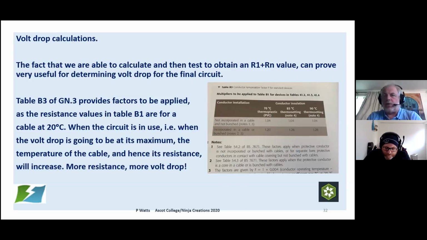So for twin and earth, we would use that column there. Now, obviously with a twin and earth, it's incorporated in a cable or bunched, so we would use a factor of 1.2. This is for volt drop calculation, because we've got to consider that the circuit is now under use and it's at its maximum operating temperature under normal use.